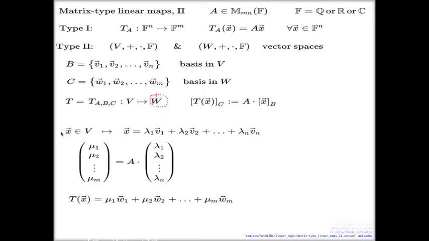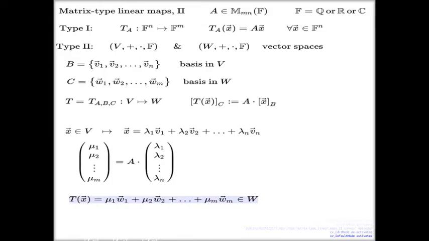You start off with an element in V. You split it into its representation, you end up with an n-tuple. You multiply it by a matrix, and you get an m-tuple. Then you use these coefficients in a linear combination of the vectors in W, the basis C. The result is something in W. That is the end of your construction.